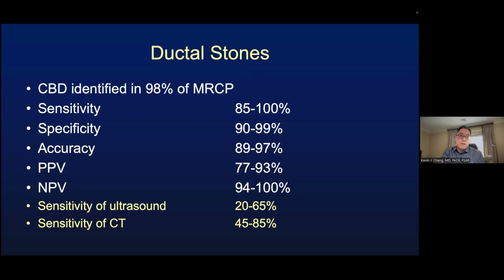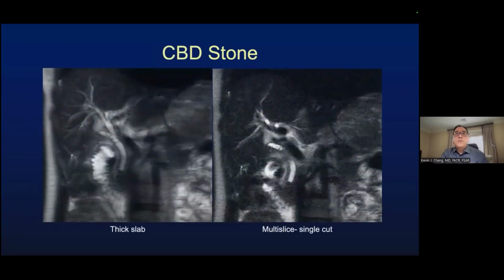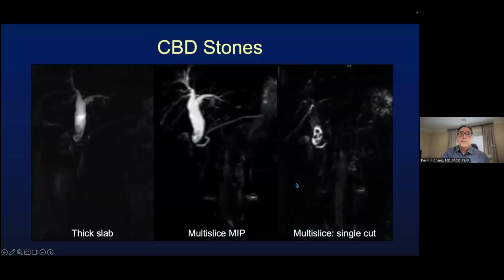It's now basically the initial test of choice for evaluating for ductal stones. And there's an example of a stone in the common bile duct, which looks like a filling defect distally, plus minus upstream ductal dilatation. On a thin cut, you can better see that little meniscus sign of a filling defect, a round filling defect within the lumen of the distal duct here.